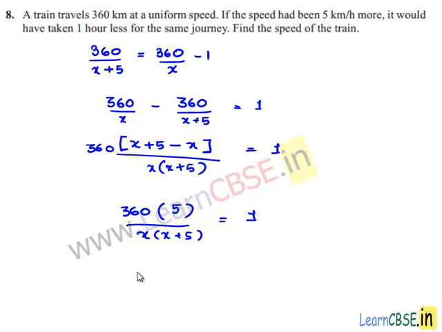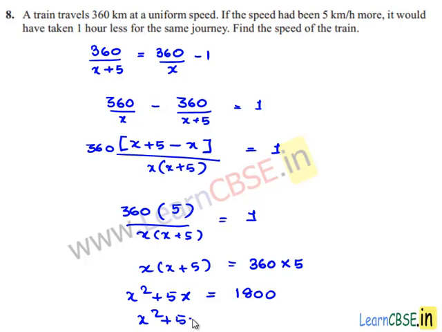Now we can write x times of x plus 5 is equal to 360 times of 5. So we can write x square plus 5x is equal to 1800. x square plus 5x minus 1800 is equal to 0.